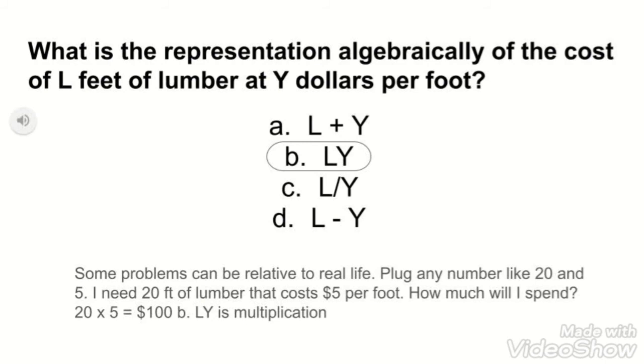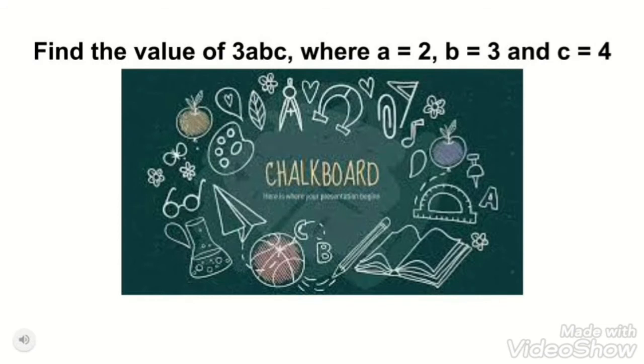Once you figure out that it's L times Y, you just plug your numbers and go. That's all you want to do. You just want to take your time and say, okay, what is this question asking me? Okay, here we go. Now we want to find the value of 3ABC.